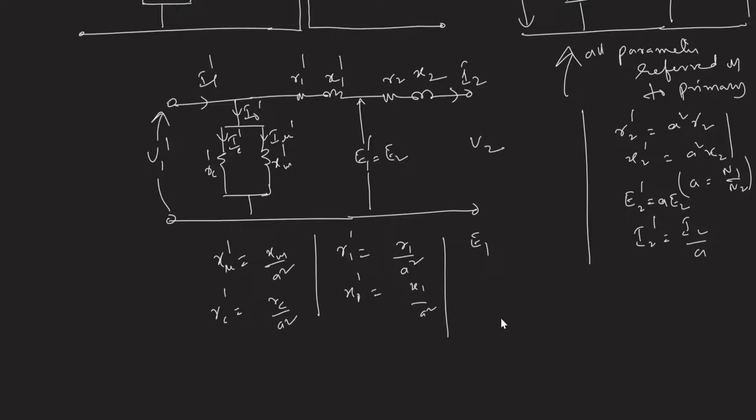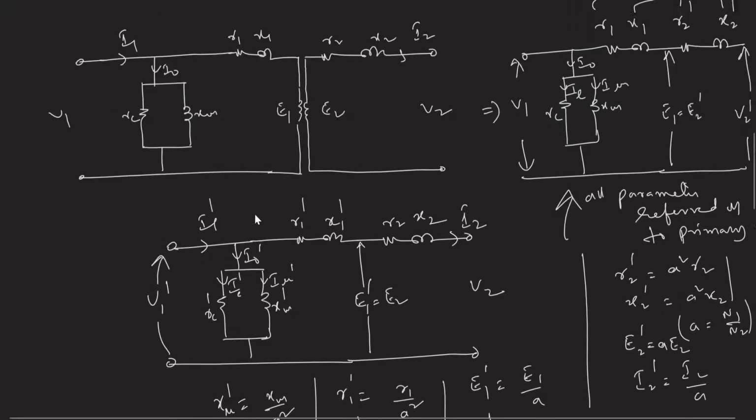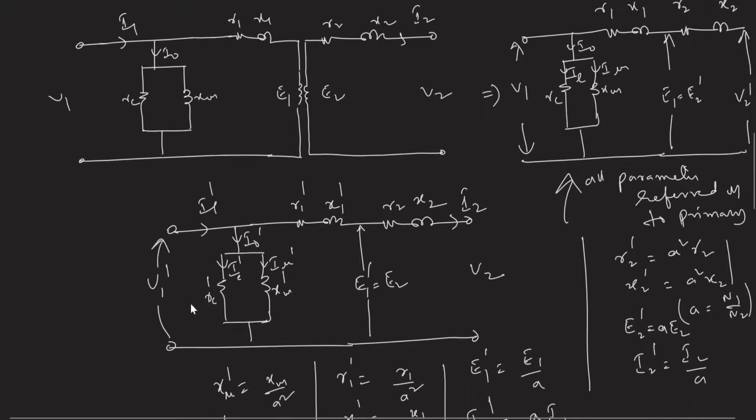E1 dash is equal to E1 by a, and I1 dash is equal to a times I1. So these are all the relationships for transferring from primary to secondary and secondary to primary, right? This is the equivalent circuit which we normally prefer in calculations, to eliminate the extra node.